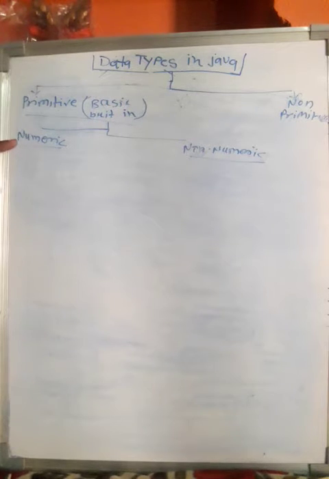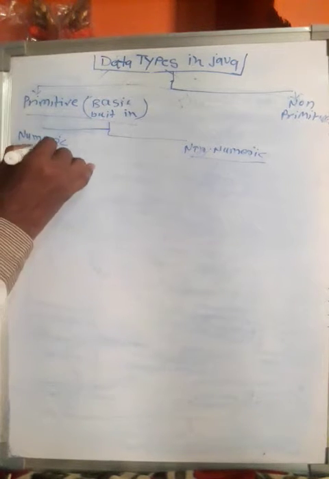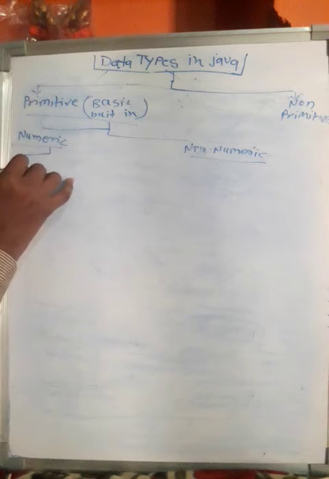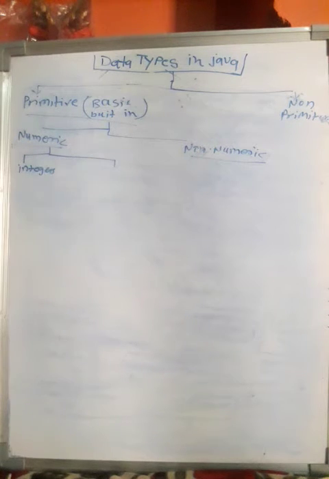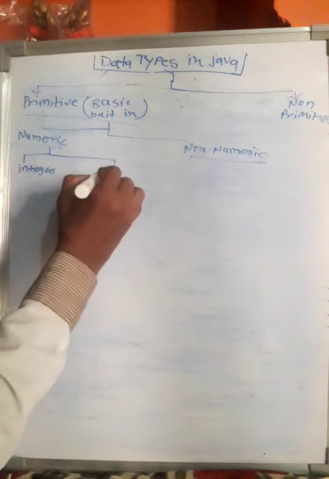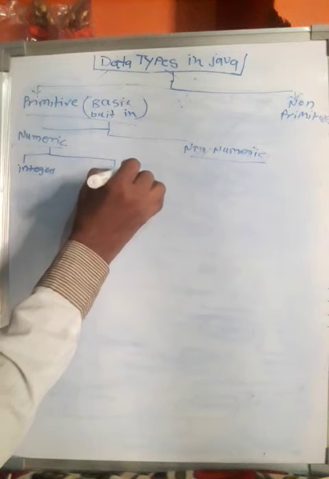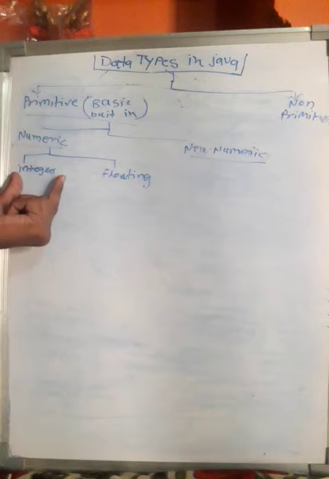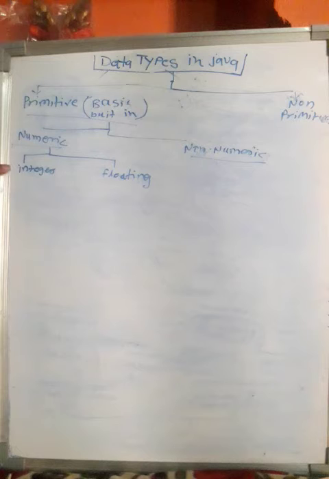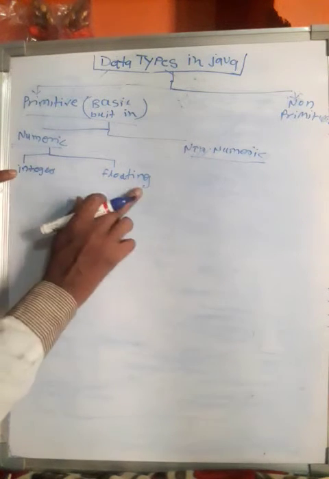Numeric data types are again classified into two parts: integers and floating points. Both are numeric, and they store numeric values that may be integers or floating.